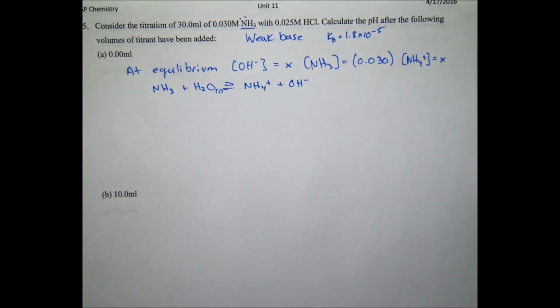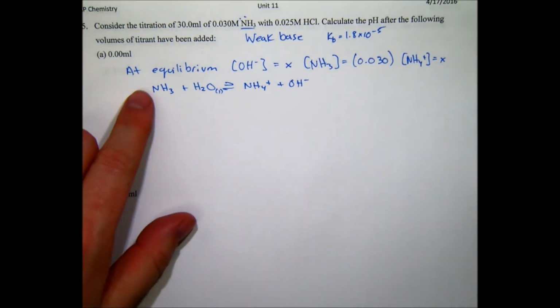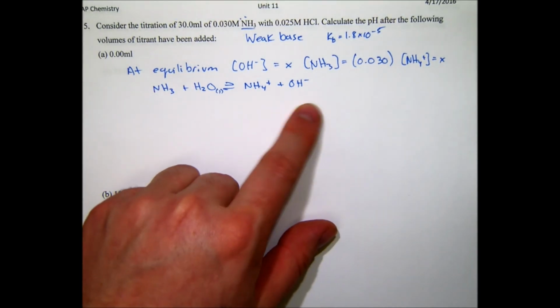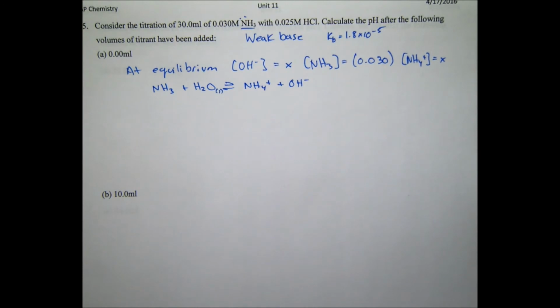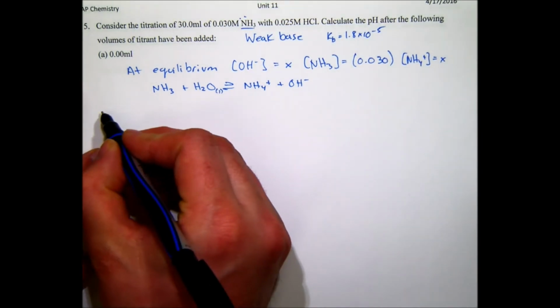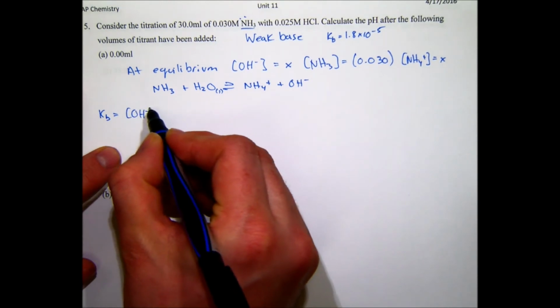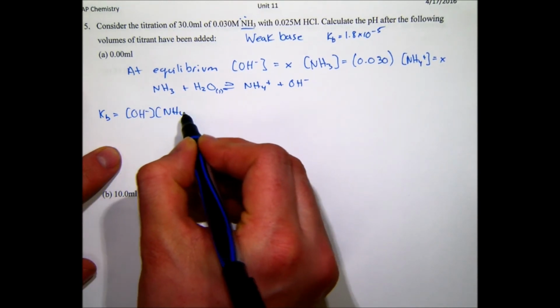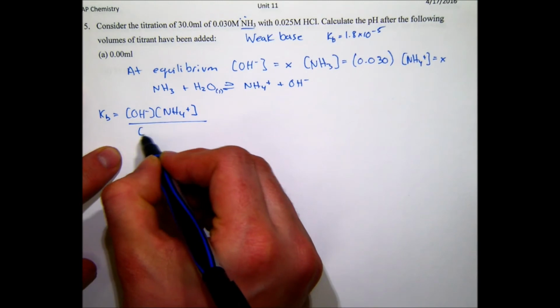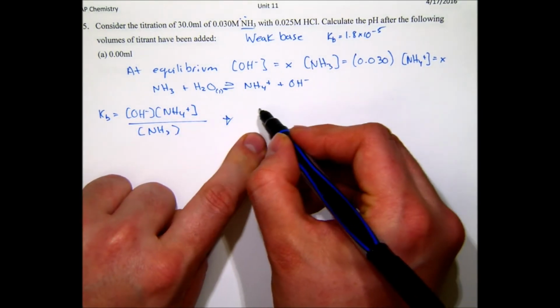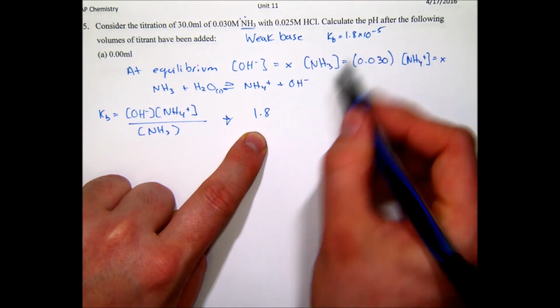I have the Kb, and that's what this is going to go into. I have 0.03 moles of this, and I don't know how much of this I'm going to produce. So the Kb for this expression is the concentration of OH minus times the concentration of NH4 plus over the concentration of ammonia. That is the Kb value that we have up here.